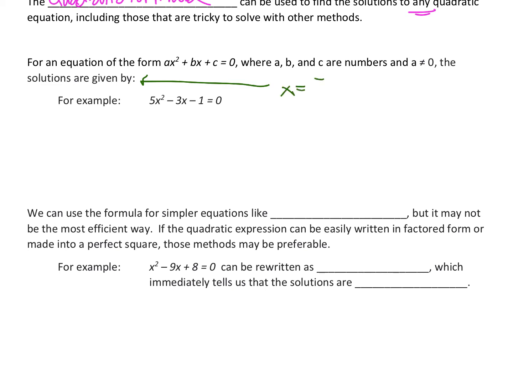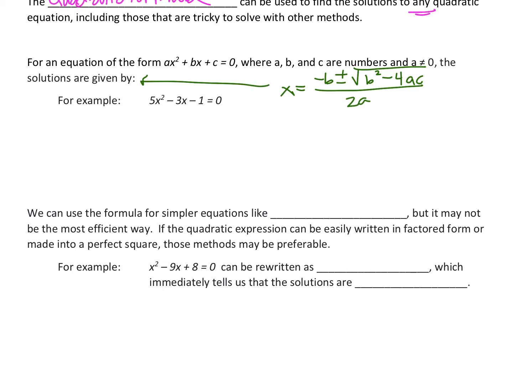So x equals negative b plus or minus the square root of b squared minus 4ac, all over 2a. So for all quadratic equations that have this form, as long as you have it set equal to 0, you can identify the a, the b, and the c coefficients, plug those into the quadratic formula, and solve.